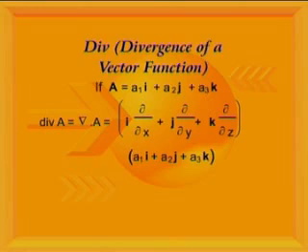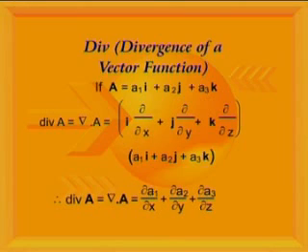You can easily calculate this thing: it is equal to the partial derivative of a1 with respect to x plus the partial derivative of a2 with respect to y plus the partial derivative of a3 with respect to z.